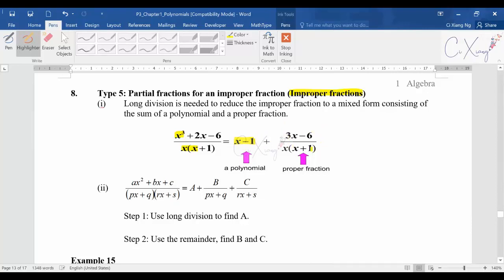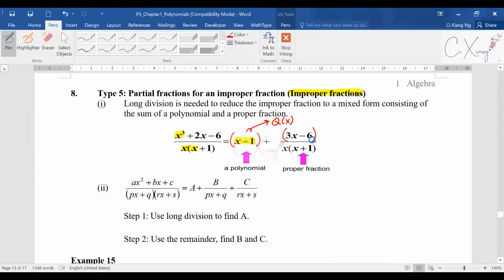Now how can you get the polynomial here? The polynomial is generally the quotient that you get when you apply long division. Because I told you that for improper fraction, there is 1 extra step, so you need to do the long division. The quotient of the long division is this answer.